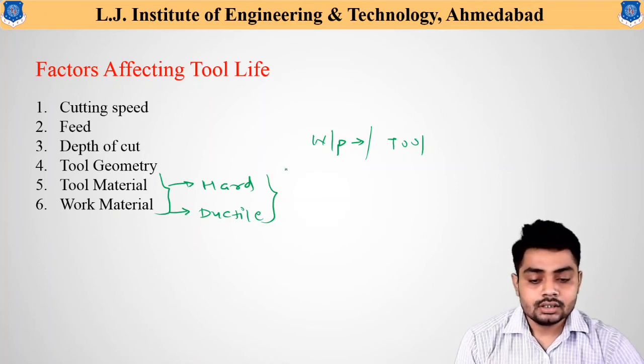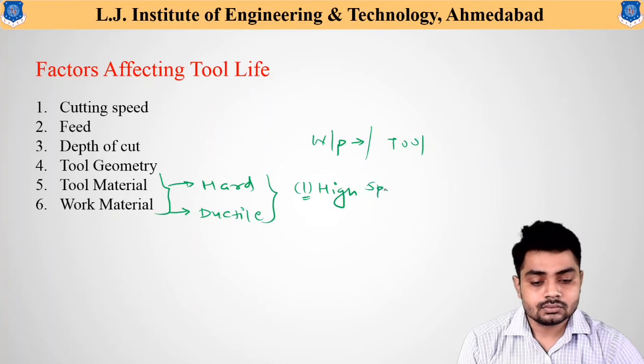So the different tool materials available, from which the most widely used are, first one is the high speed steel, which is normally written as HSS.